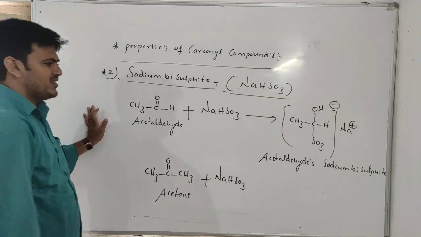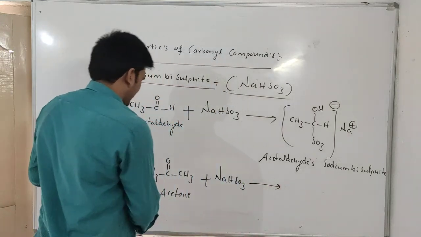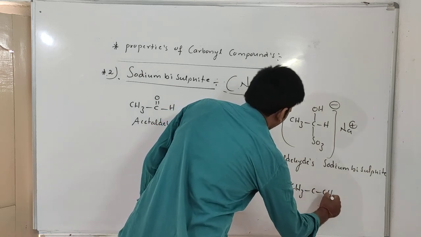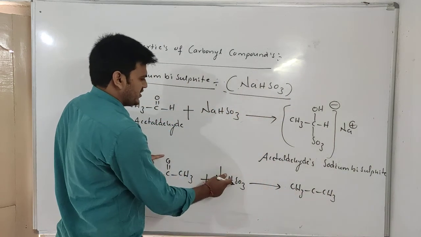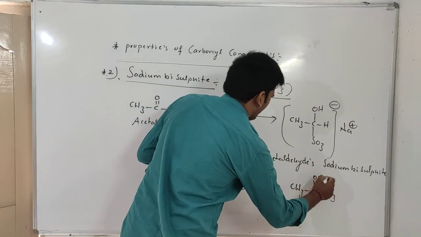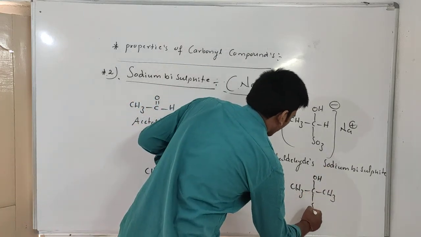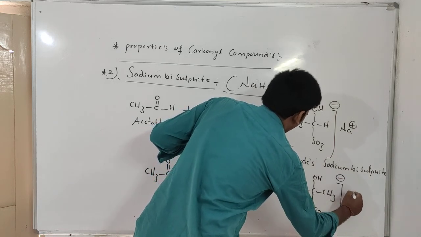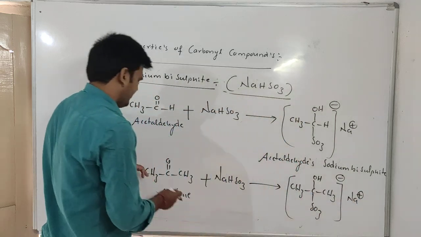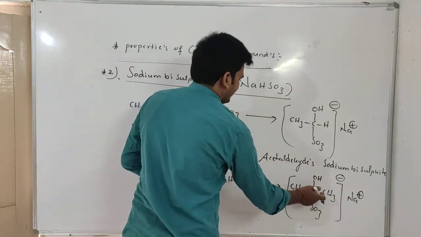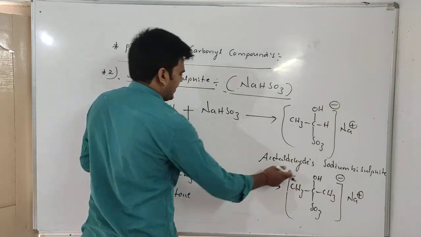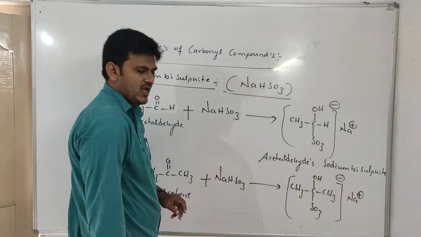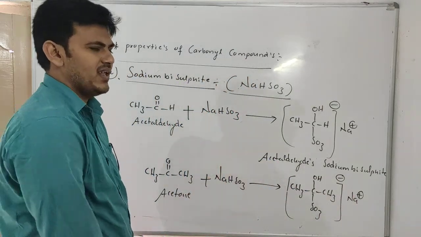Same simple answer: CH3C-CH3, next O⁻H⁺, OH, next SO3 with overall charge minus, next Na⁺ ion. CH3 C CH3, O⁻H⁺, OH, SO3 with overall charge minus, next Na⁺. And the compound name is acetone sodium bisulfite.